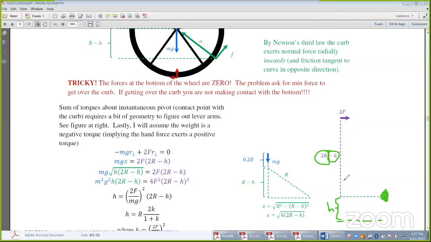And so that's easy to get the lever arm for this force. So again, this force is running perpendicular here. So this is r perpendicular for that force. All right. And let me get an eraser to clean that up a little bit. I know this is kind of a tough question, so maybe I should pause and see if there's any questions here.